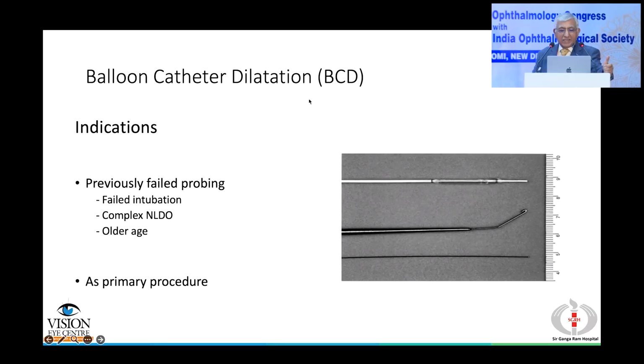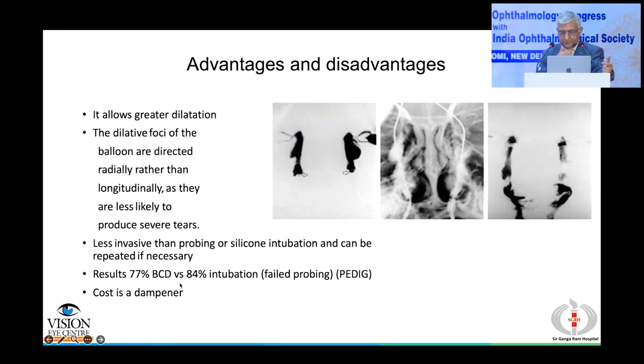Now, balloon catheter dilatation is a modality which has been available for quite some time now, and it is particularly useful in failed intubations, complex cases of nasolacrimal duct obstruction, which is defined as the abnormal openings, where the nasolacrimal duct is not opening into the inferior meatus directly, but also it has been used as a primary procedure.